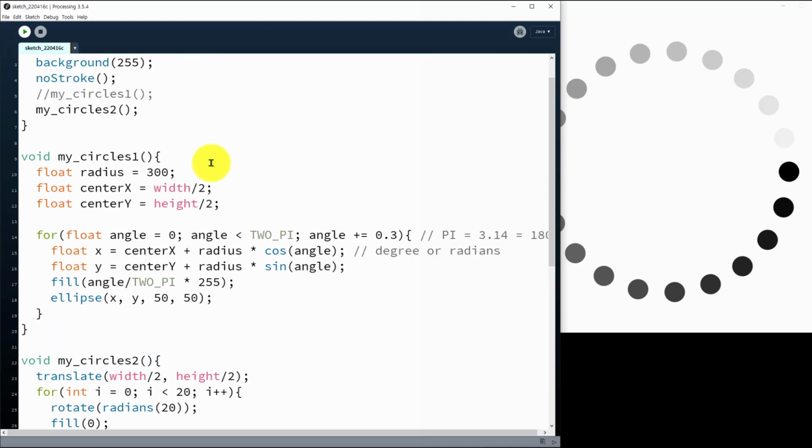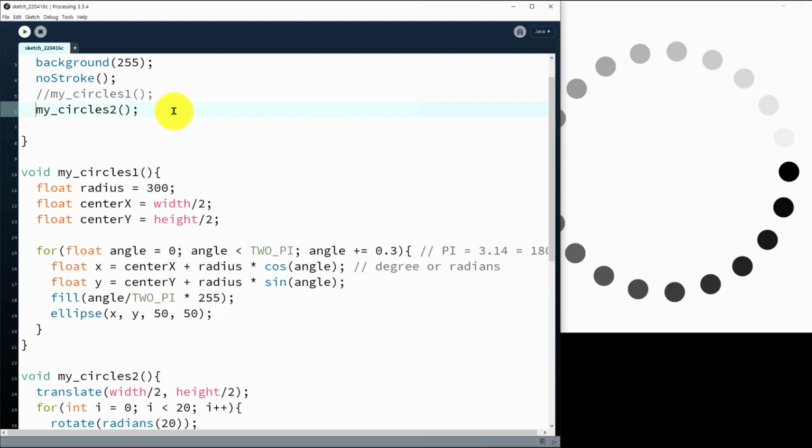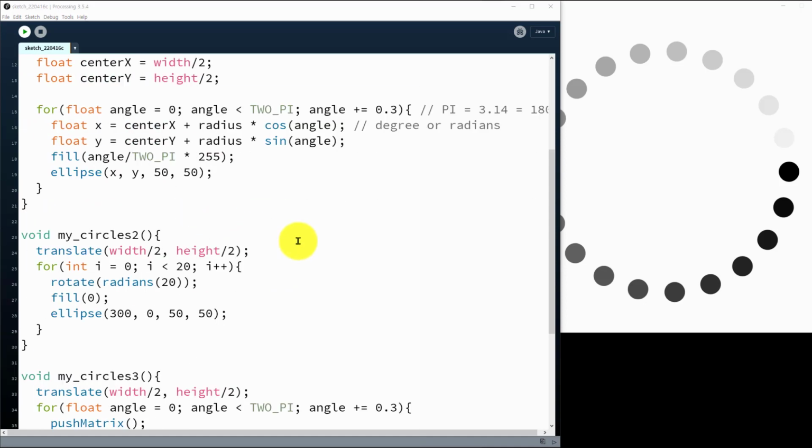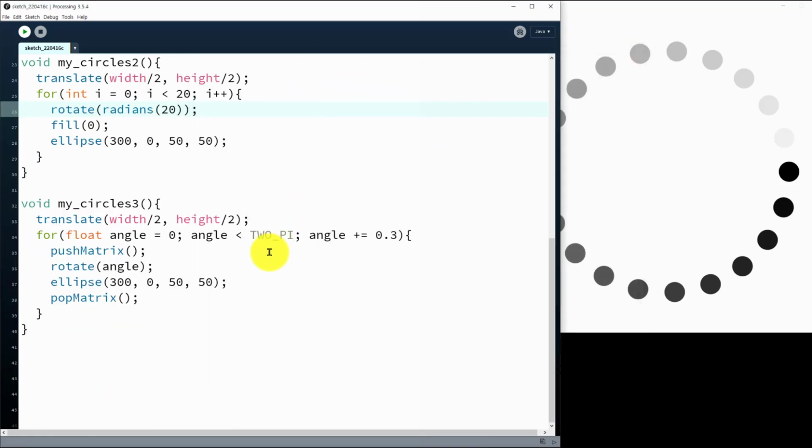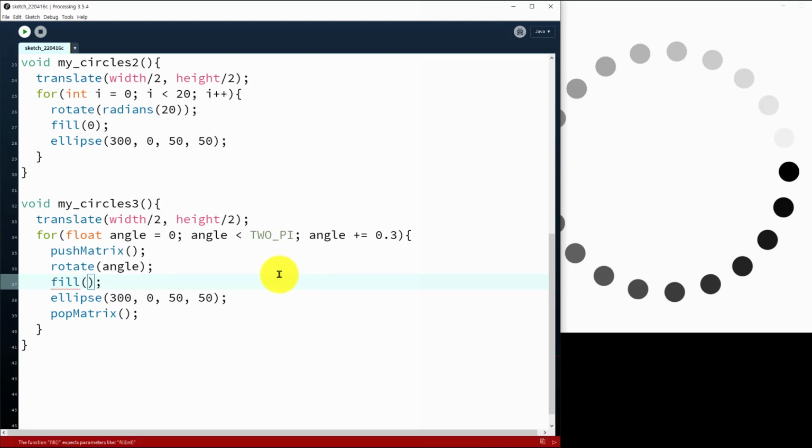So let's go to the setup function, copy this one and change it to 3. Let's run it. Oh, what am I missing? I need the fill function. Before drawing the ellipse, I'm going to use fill, but with different colors.